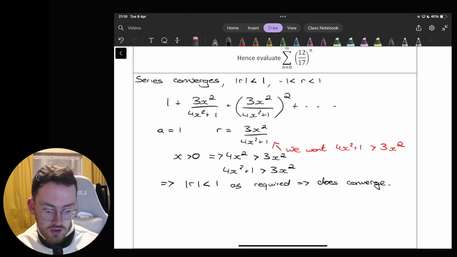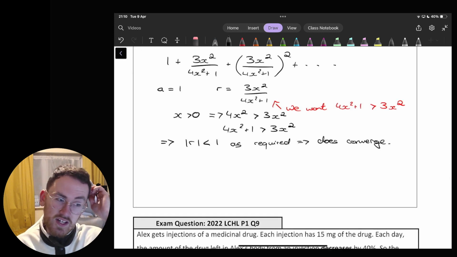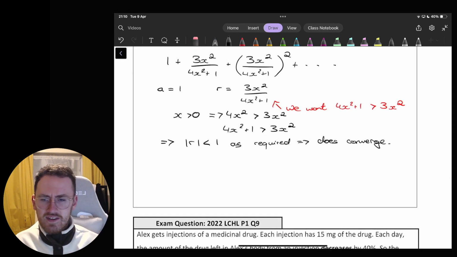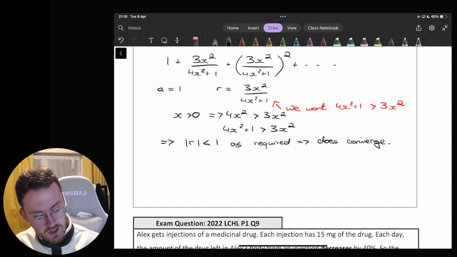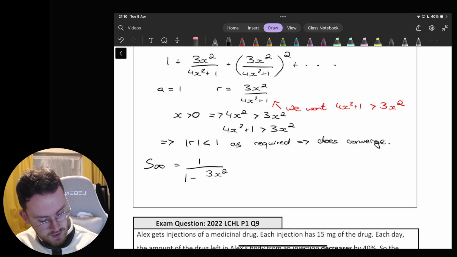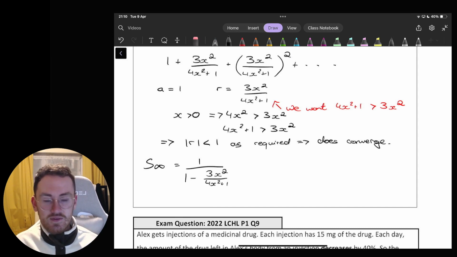So again, this is some understanding of fractions coming in here rather than limits. Looking then for S to infinity, using what I have here, 1 over 1 minus 3x squared over 4x squared plus 1. Now we're getting into a little bit of algebra.